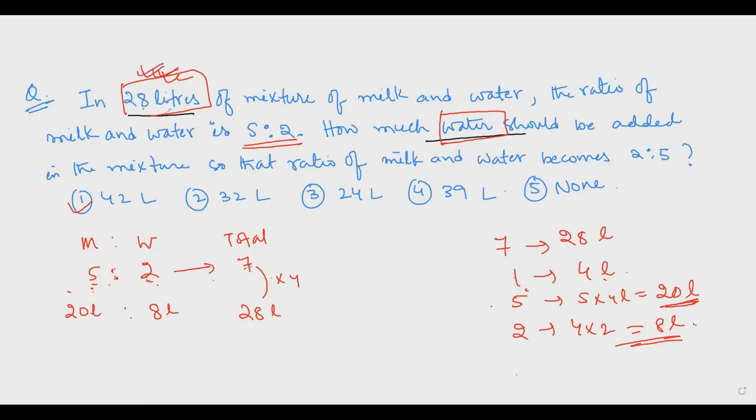If the total is 28, then we have to multiply by 4. Here we have 20 liters and 8 liters. So the milk amount is 20 liters, and the water amount is 8 liters.